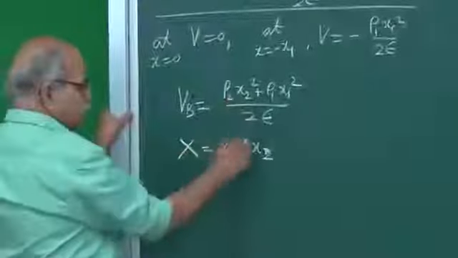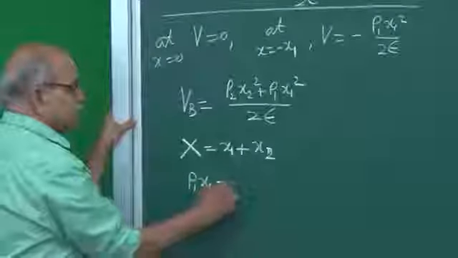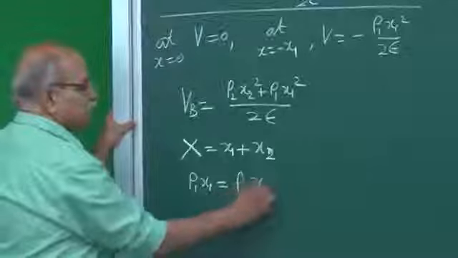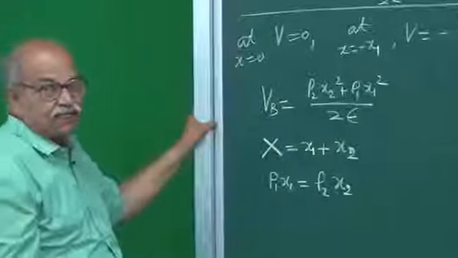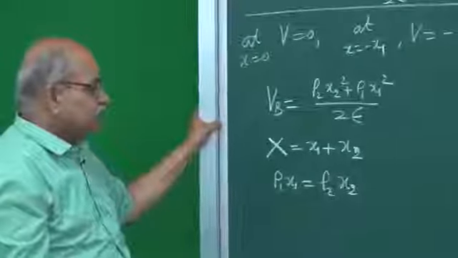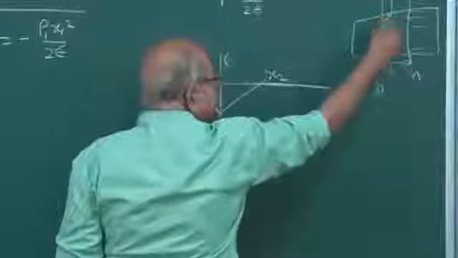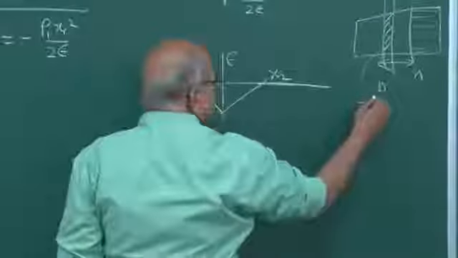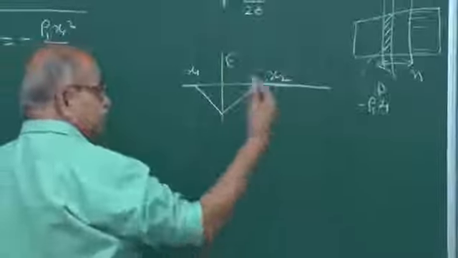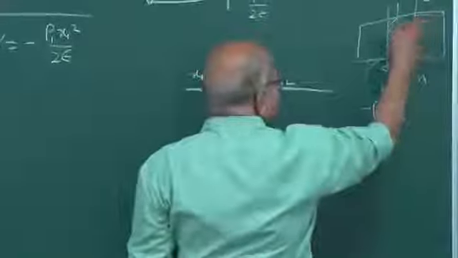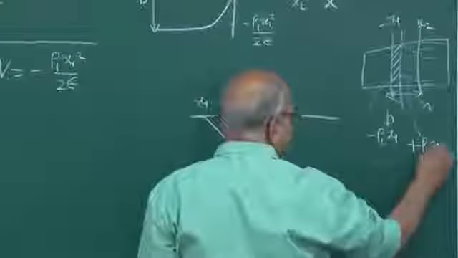You have one more relation, and that is rho 1 x1 is equal to rho 2 x2. Right? Charge neutrality, rho 1 x1 should be equal to rho 2 x2 because the charge here is minus rho 1 times x1 times that area of cross section, and the charge which is here will be similarly plus rho 2 x2.